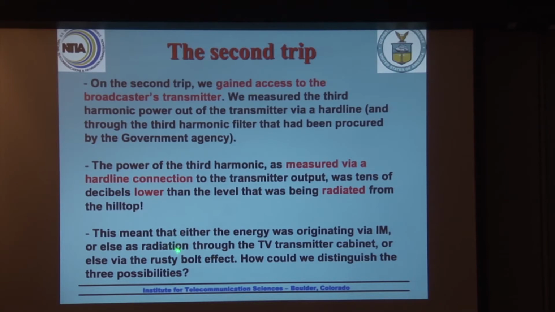Maybe energy was radiating out of the TV transmitter cabinet directly over to the transmitter earth station, bypassing the antenna path altogether. It's possible. They were using big high-power tubes like klystrons in there. It's unlikely, but possible. Well, how could we distinguish between those two possibilities and the third possibility, which is the rusty bolt effect?